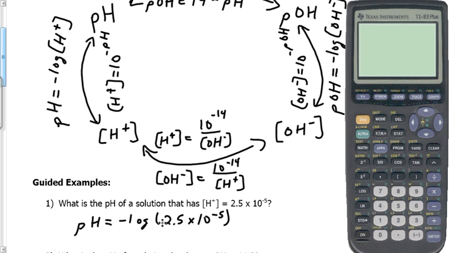On our calculators, the way we're going to plug this in is we are going to plug in negative, not minus, negative log of 2.5 times 10, remember to use the E button, times 10 to the negative fifth. Okay, so our pH is 4.60.